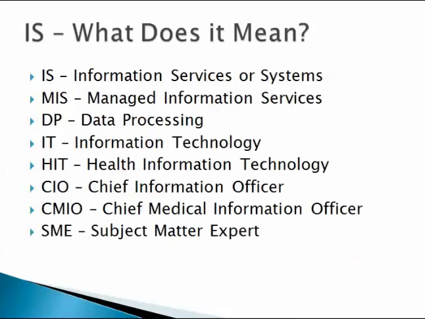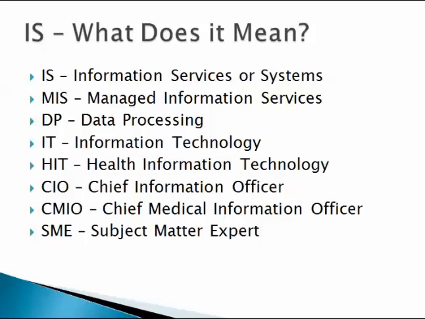So IS, what does it mean? You'll see a lot of acronyms thrown around, and it becomes almost like an alphabet soup sometimes. But let's look into each one and see what in fact they each mean. So IS. IS stands for either information services or information systems. These two terms are interchangeable for the most part.